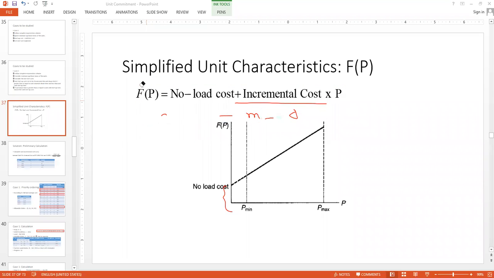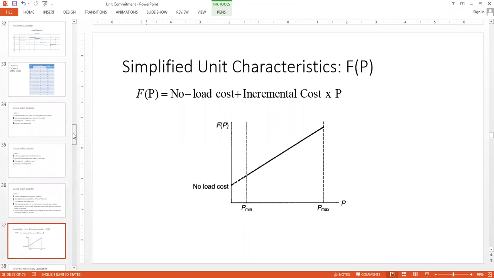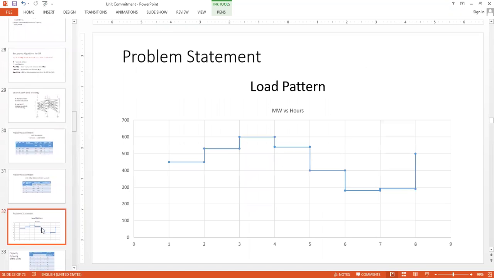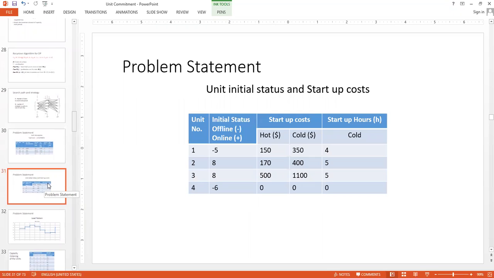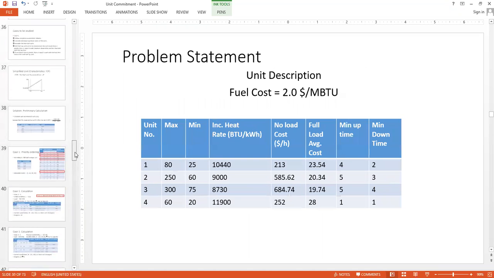This one still applies. The load variation remains the same, the same load pattern shown in slide 32. The same initial status and startup cost table still applies. Slide 31, slide 30, the unit description, all these are still applicable.